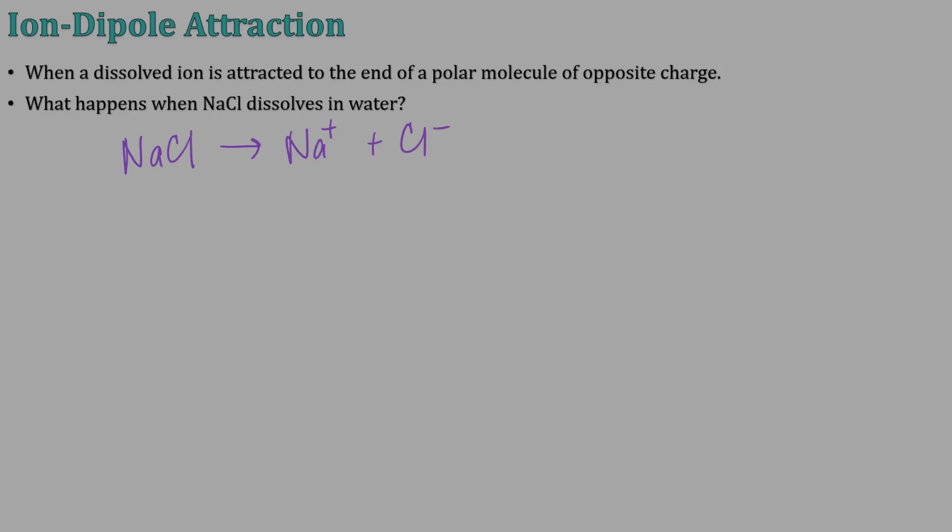So now we have the sodium ions and these chloride ions floating around in solution, and so sodium is positively charged, and if we look at what happens with a water molecule, water is polar, and so there will be a force of attraction between the negative end of the water molecule and the positive sodium, and the positive end of the water molecule will be attracted to the negative chloride.